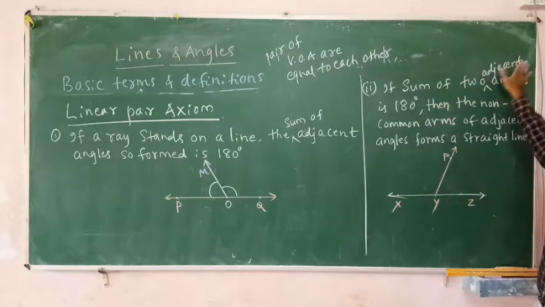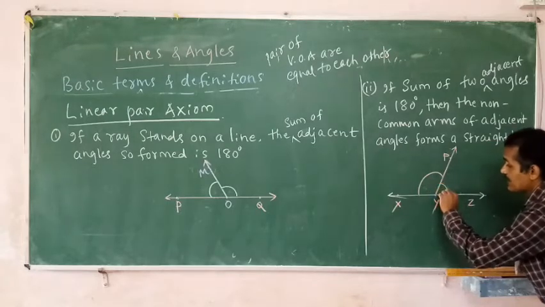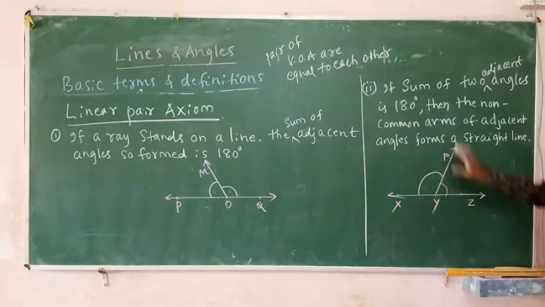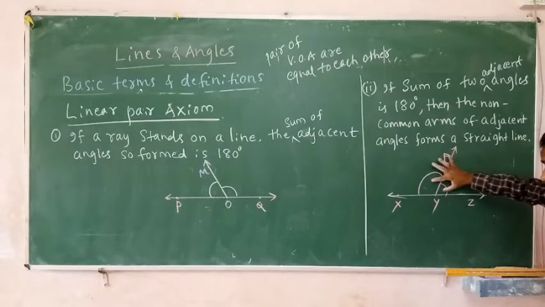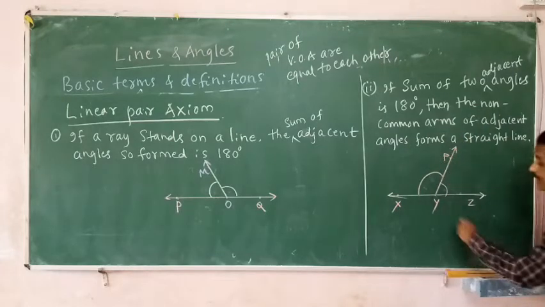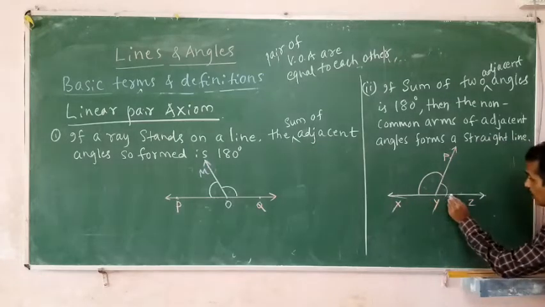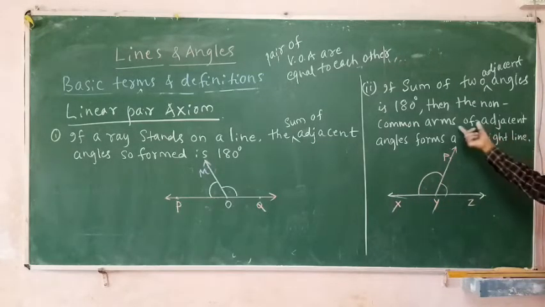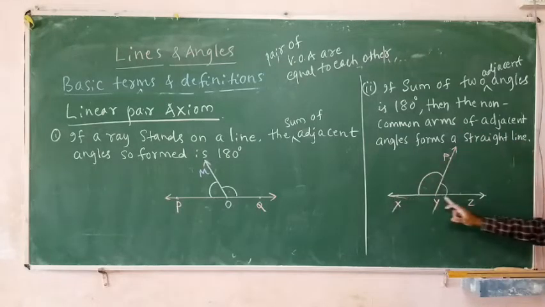So the sum of the two adjacent angles is 180 degree. Then the non-common arms, this is the first non-common arm and this is the second non-common arm. The non-common arms of the adjacent angles form a straight line.